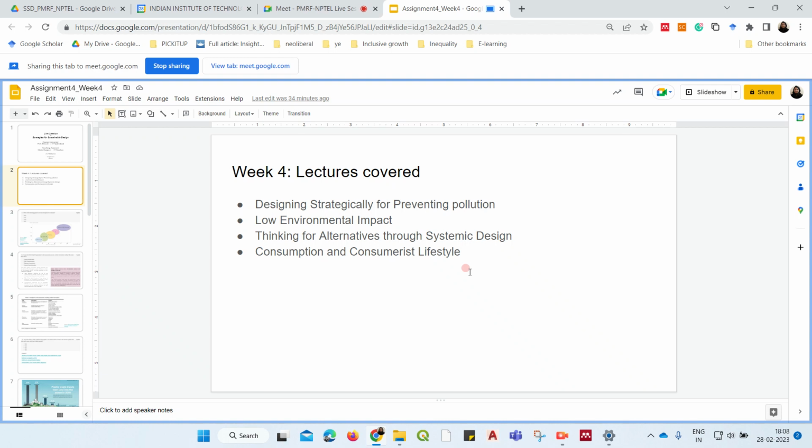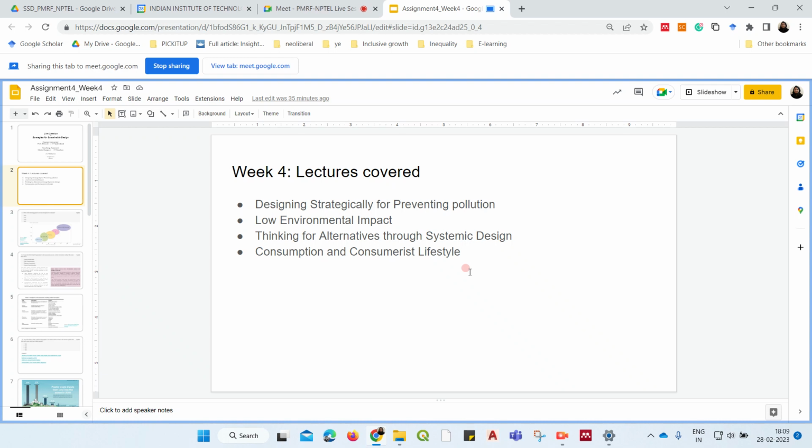Next is low environmental impacts. So in this you would have studied carbon reduction techniques over the total life cycle of any product. Then you would have studied a little bit about life cycle assessment, how you assess the impact that any product's complete life cycle, so starting from its production, then to its consumption and to its disposal and or recycle or reuse, how it impacts the environment, that you would have studied.